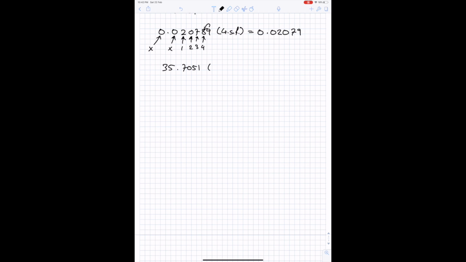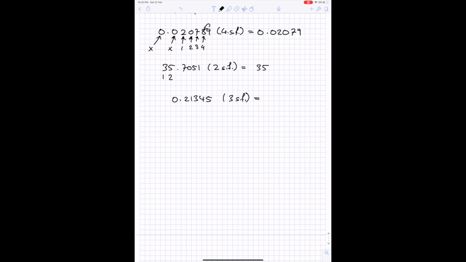Now let's go further. 35.7051 to two significant figures. You've got 1 and 2, so this simply becomes 35. Okay, what about 0.21345 to three significant figures?